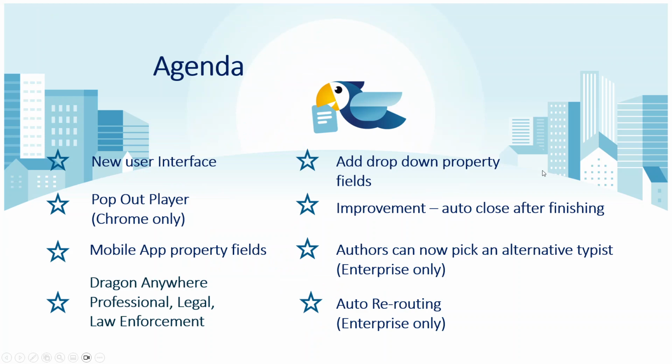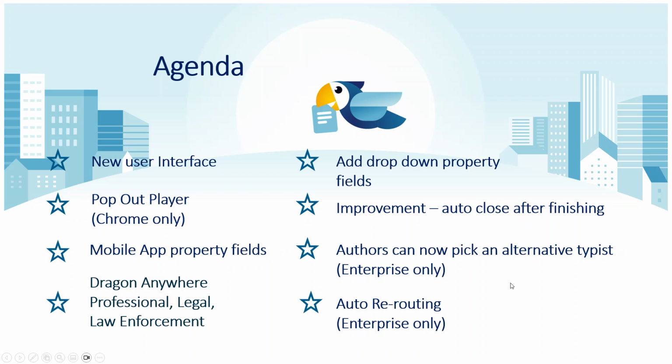So the things that we're going to cover here is the new user interface, the new pop-out player in Chrome, the mobile app property fields, the new integration with Dragon Anywhere Professional, Legal, and Law Enforcement, the ability to add drop-down property fields and customize those in the mobile app, and an improvement with the transcription player where it auto closes the job after finishing.